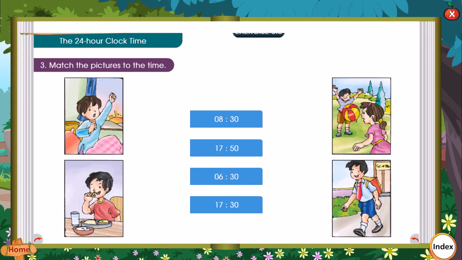Match the picture to the time. 5. Write whether the following time shows daytime or darkness.